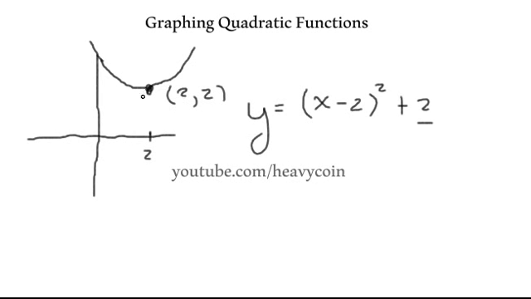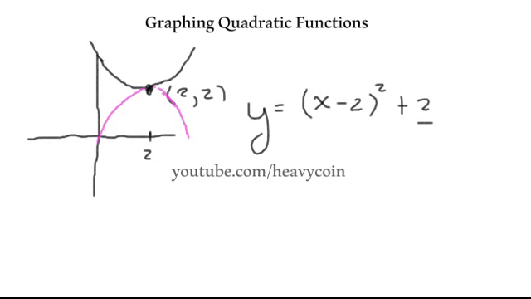What if I wanted to reflect this graph? So it looks something like this, reflected about the point 2, 2. What would we need to do there?